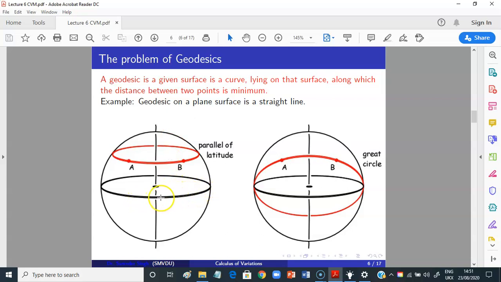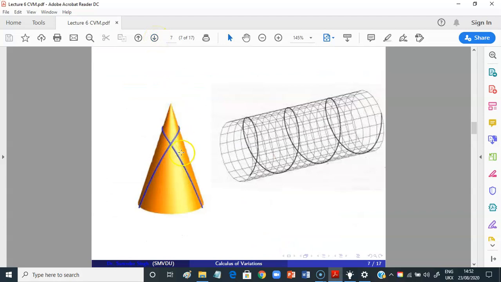That means the distance between 2 points on the surface of a sphere will be minimum if the curve is along the arc of a great circle. In the case of a cone, it will be a spiral, and in the case of a cylinder, the curve is a helix. So these are the answers, but how do these come?